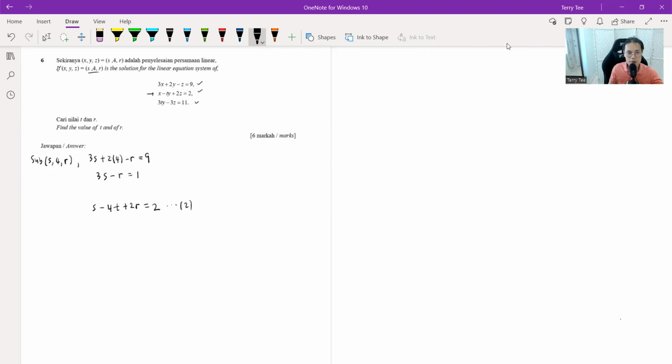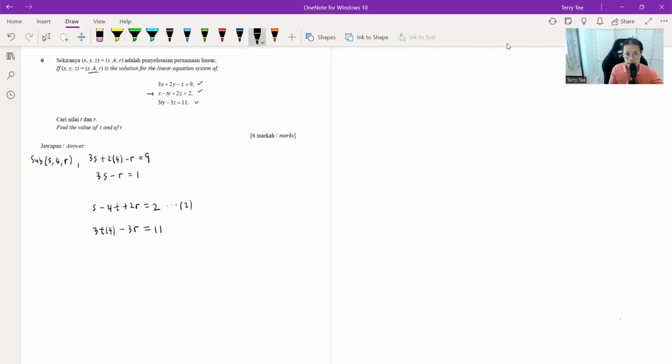Now the third equation, when I sub in, my y is now 4. So 3t times 4 minus 3z. z is now r. The result is 11. Okay, so what I can see from here is that the first equation has r, second equation r, all three have r.